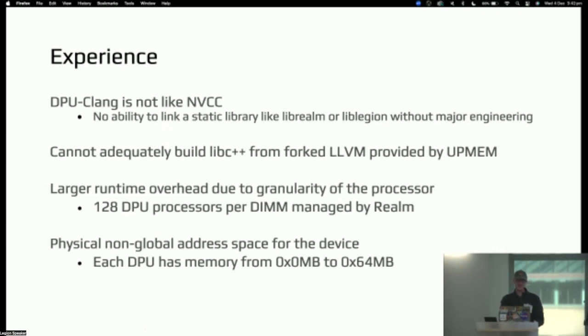I don't have the ability to get C++, because I don't even have all the C headers, so I can't even compile C++. That's great. Like I mentioned before, the runtime overhead due to the granularity of the processor is also an issue that needs to be evaluated, and then, as I mentioned, the physical addressing.